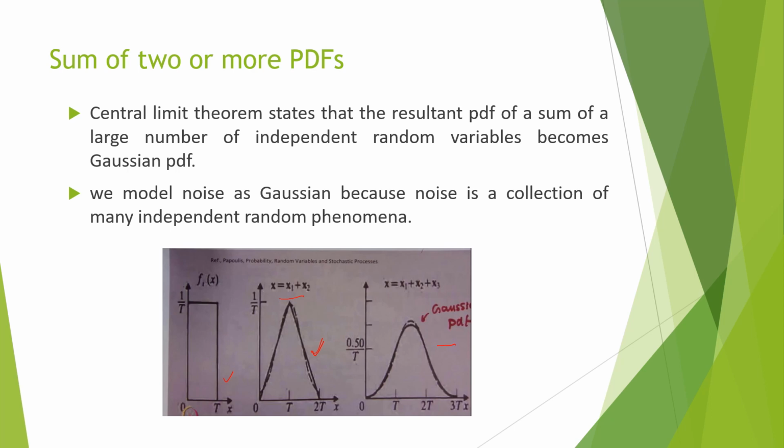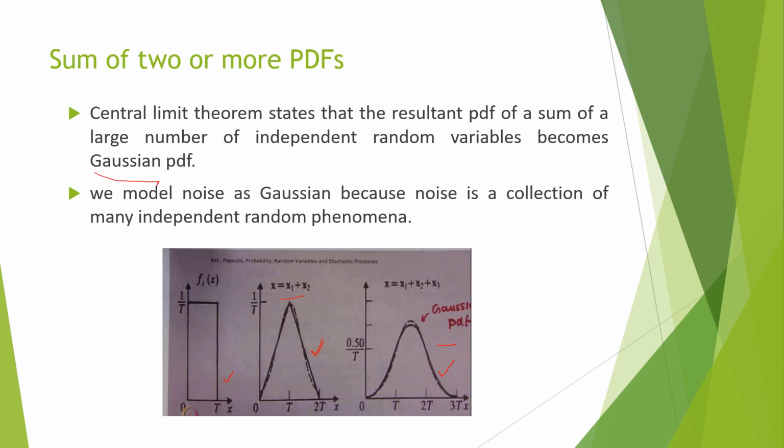If we add a number of PDFs and take the convolution of a number of PDFs, then this resultant PDF will approach a Gaussian PDF. So the important point here is that if you are adding a large number of independent random variables, then the resultant PDF would become a Gaussian PDF.